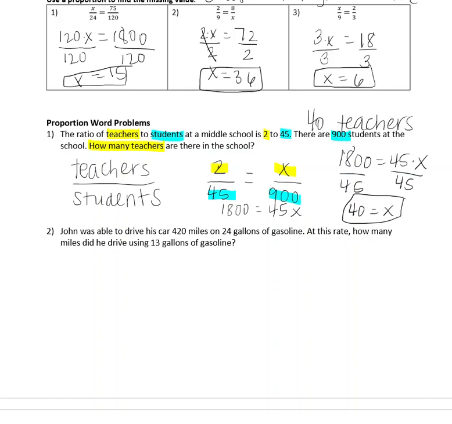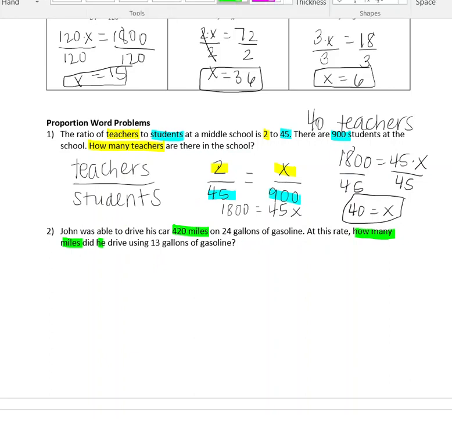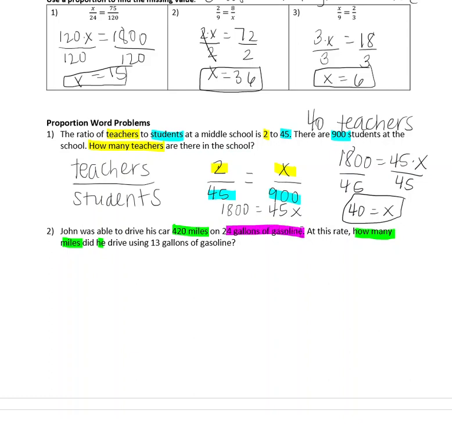So the second one says John was able to drive his car 420 miles on 24 gallons of gas. At this rate, how many miles did he drive using 13 gallons of gasoline? So again, let's highlight what we're talking about. We have miles and we have gallons. So the two places we see miles is 420 miles and then how many miles. The other unit that we have here is gallons, so 24 gallons and then 13 gallons.